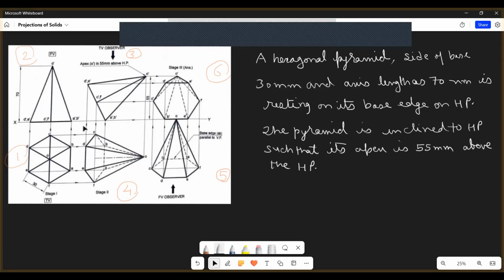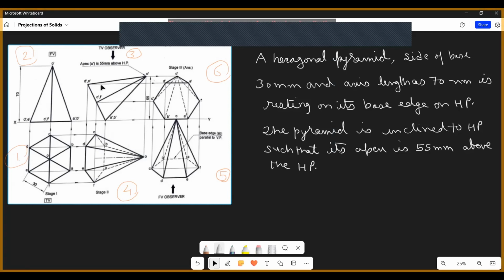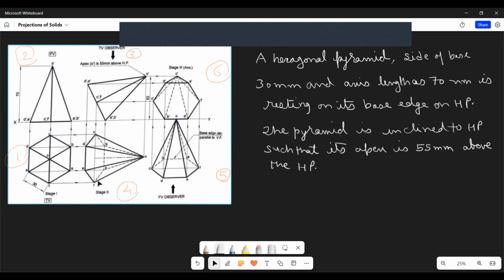So this gives us position number 3. And then from position number 3, we can project to get the position number 4. Now we have completed stage 1 and stage 2, and we have formed a question for stage 1 and stage 2.